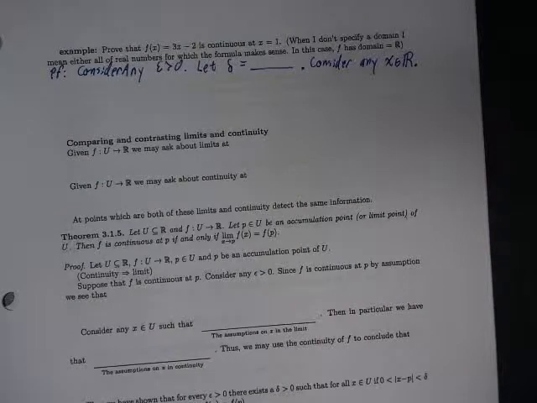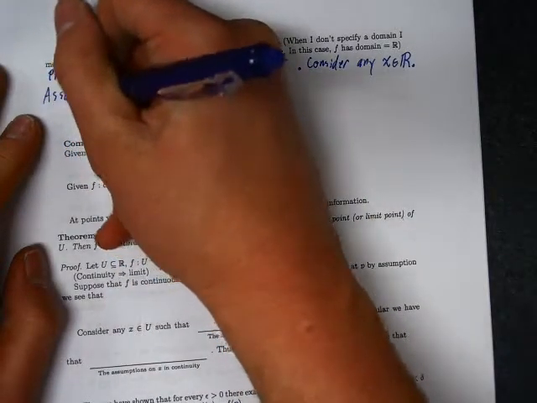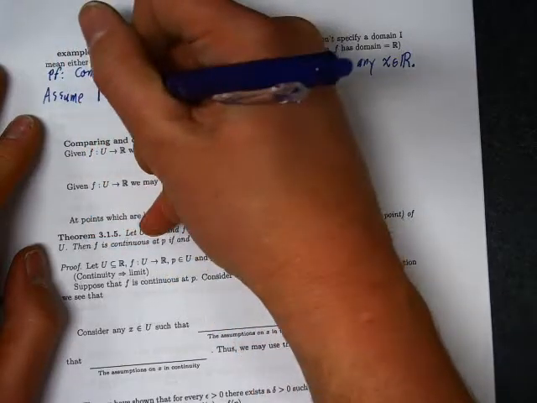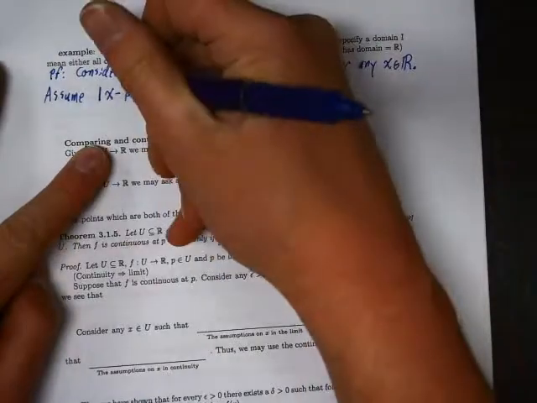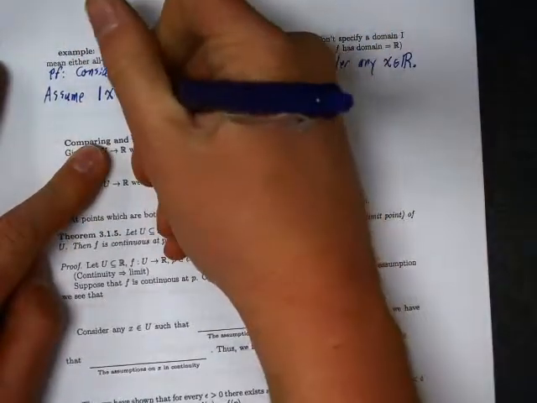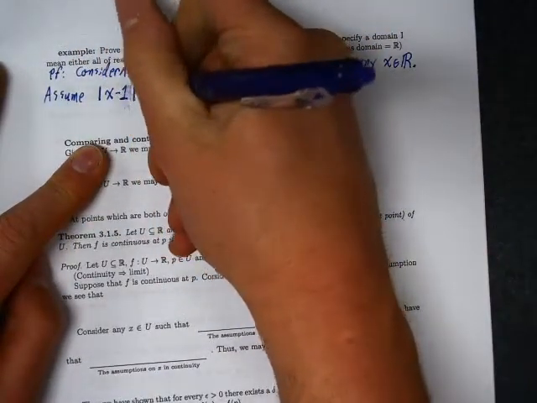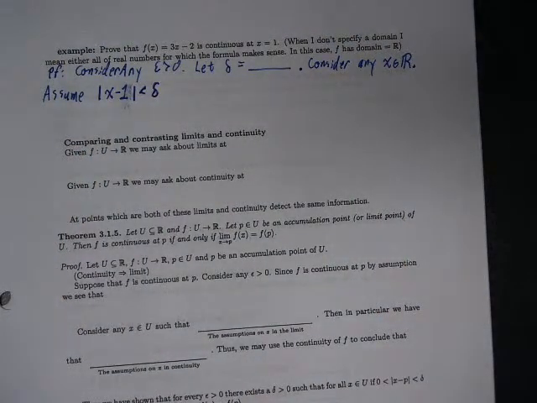The absolute value of x minus p, which is 1 in this case, is less than delta, the one that you get to pick. And now we need to show something about the absolute value of f of x minus f of p.